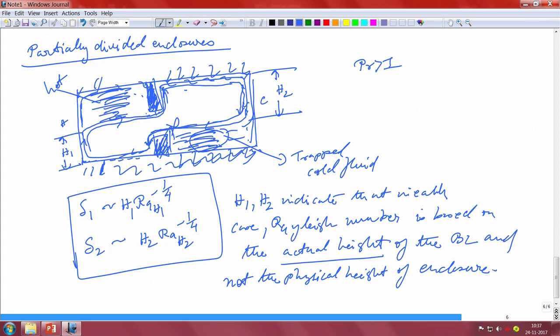Right, so this part should be quite evident from the diagram and whatever I did over here.